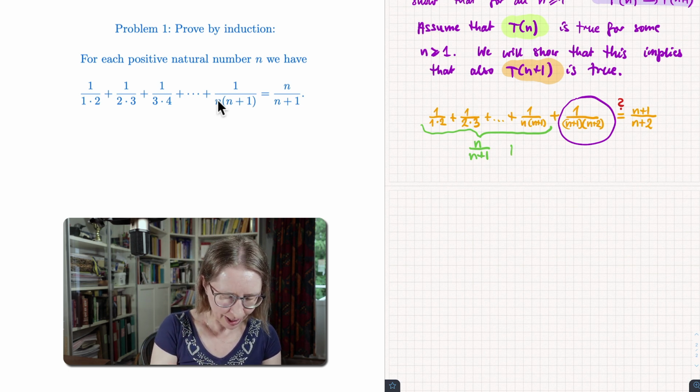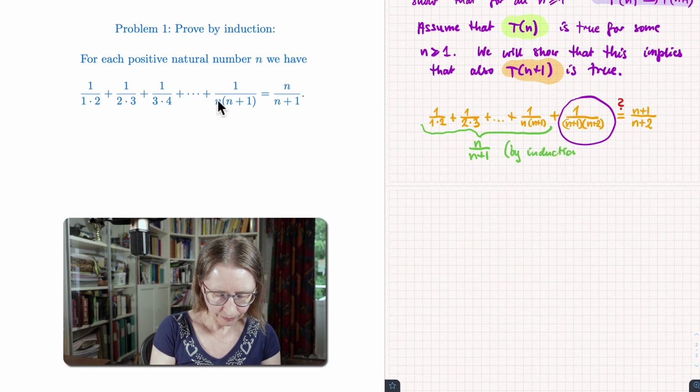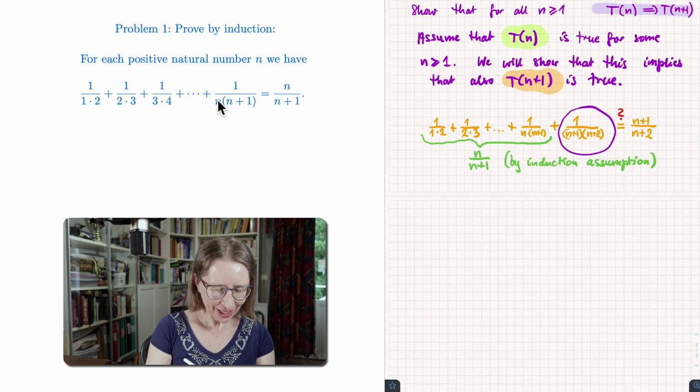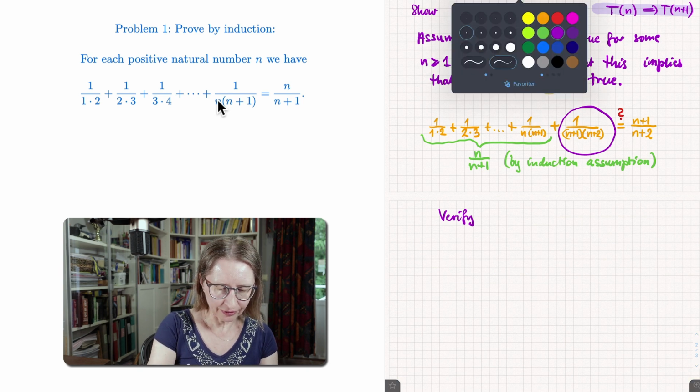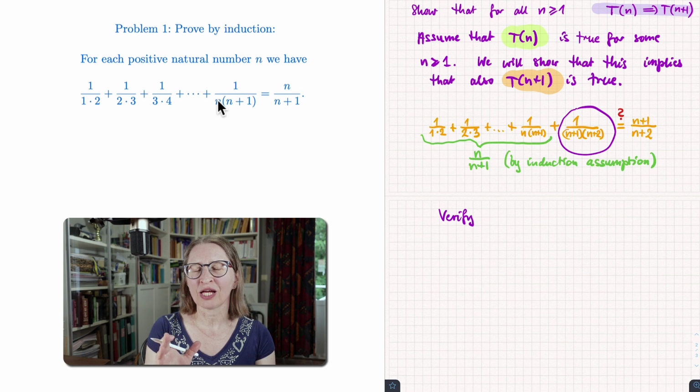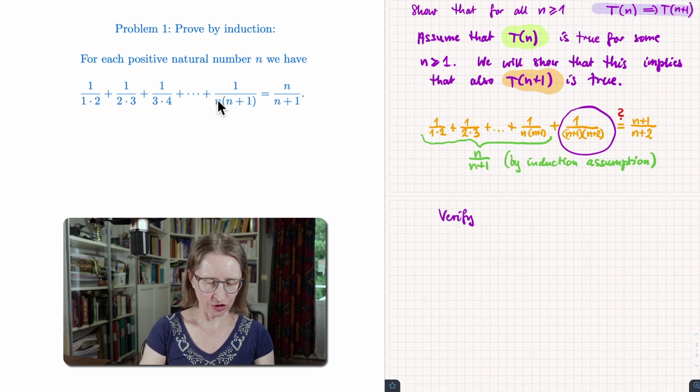So this is by induction assumption. So now I have to verify that this formula for n plus 1 is true, assuming that the formula for n is true.